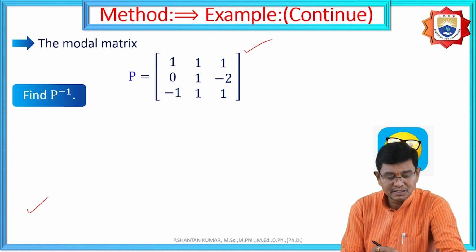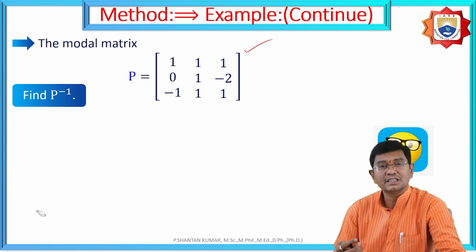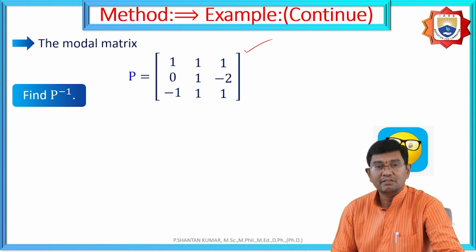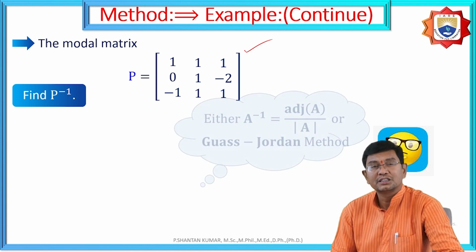And we need to find the P inverse. Here, that is our choice, we can find the inverse of the matrix by Gauss Jordan or any Gauss elimination method.